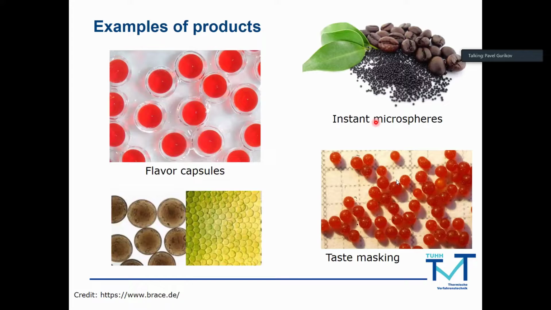I'll give you a couple of examples of flavor capsules, very often used to mask the taste. Think about fish oil, which has a very unpleasant taste, to me at least. So you try to encapsulate it in gelatin capsules. Instant microcapsules, microspheres and microcapsules, for example with coffee extract in them.